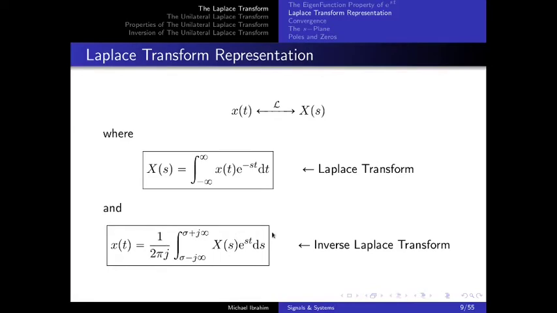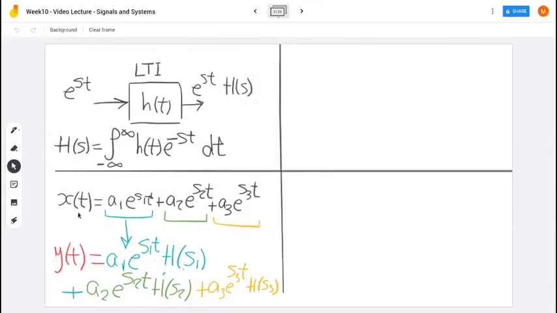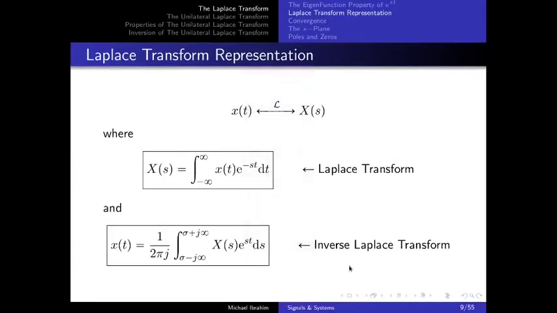Compare this interpretation with this example, where we have x of t as a superposition of constants times e to the power st. So simply, the equation of the inverse Laplace transform is saying that any continuous time signal x of t can be expressed as a summation, or a superposition, of complex exponentials of the form e to the power st multiplied by constants X of s, again constants with respect to time.